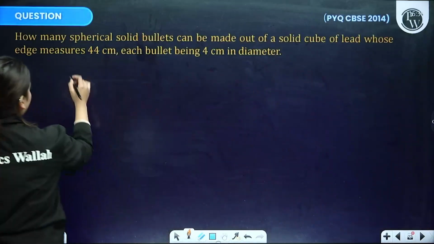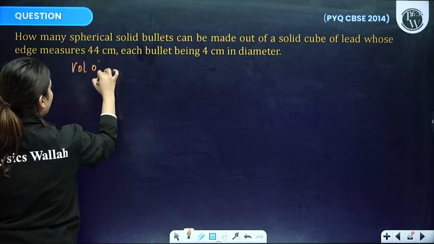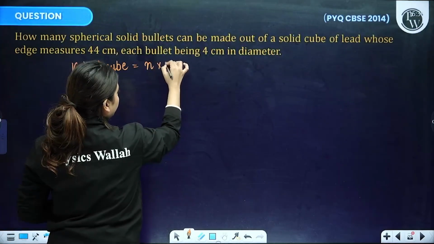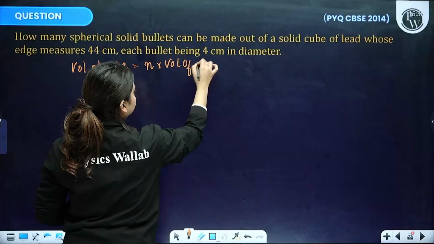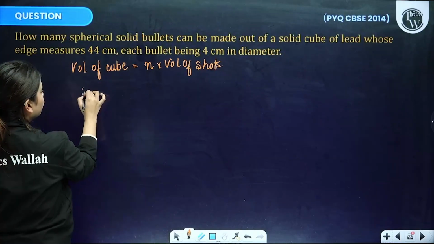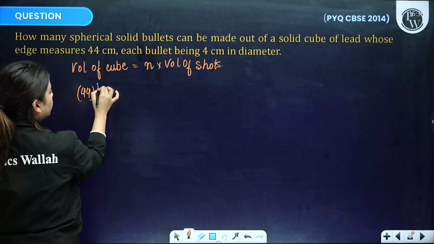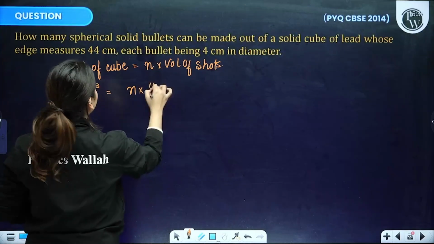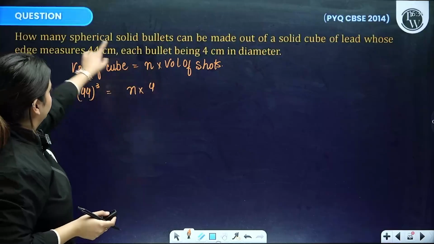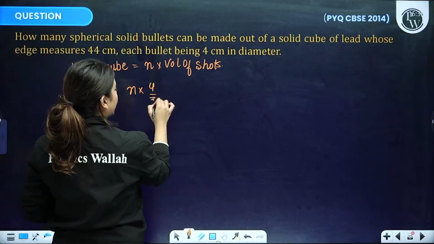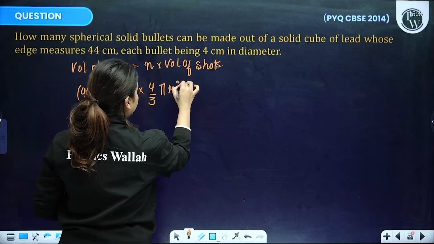So basically we can say that volume of cube, people, will be equivalent to n into volume of shots. Volume of cube is 44 cube. N into what is the volume of sphere, people, because if they are lead shots, they are solid spherical lead bullets. So that will be 4 by 3 pi r cube.